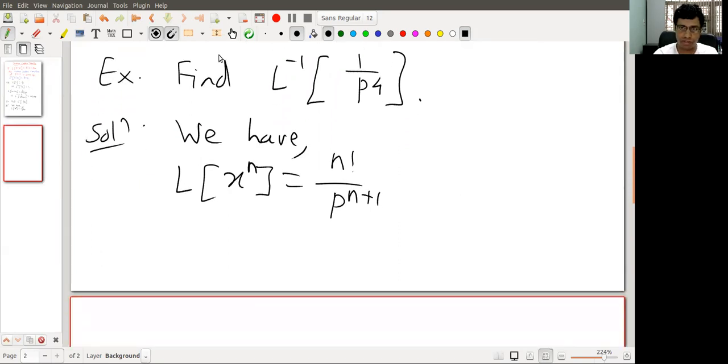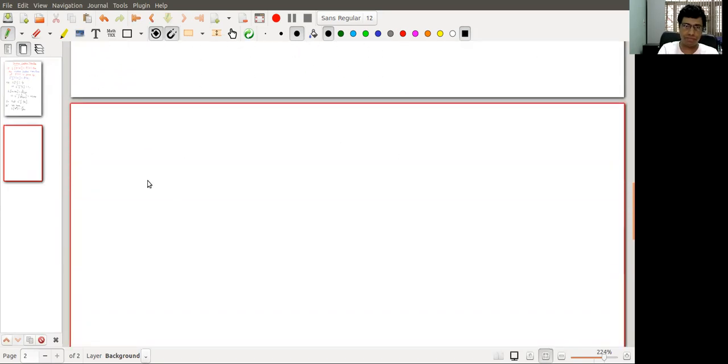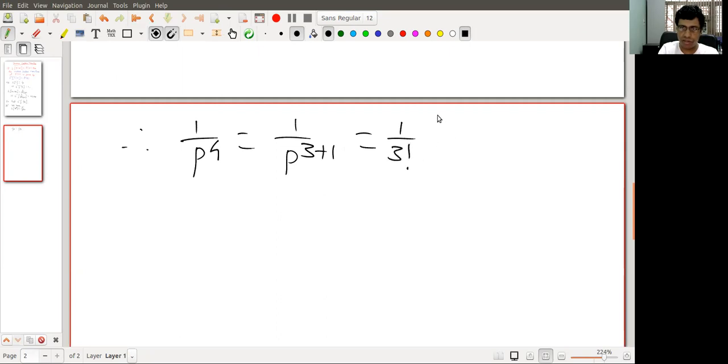Therefore 1 upon p raised to 4 is 1 upon p raised to 3 plus 1. So here n is 3. And this is 1 upon 3 factorial into 3 factorial divided by p raised to 3 plus 1. So we are multiplying and dividing by 3 factorial.